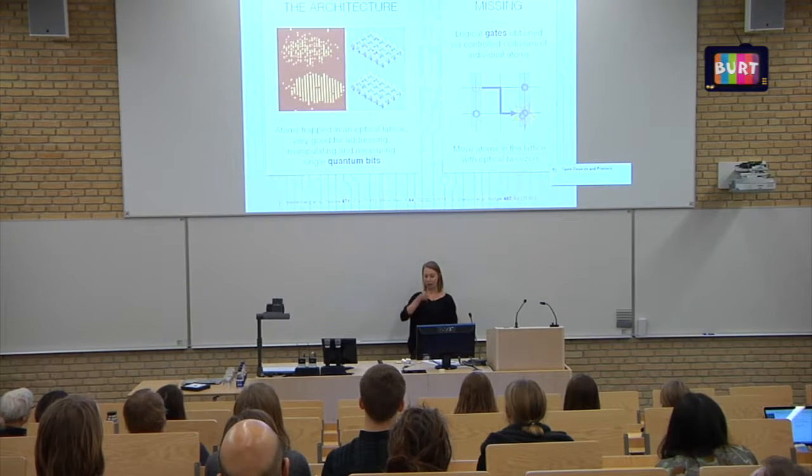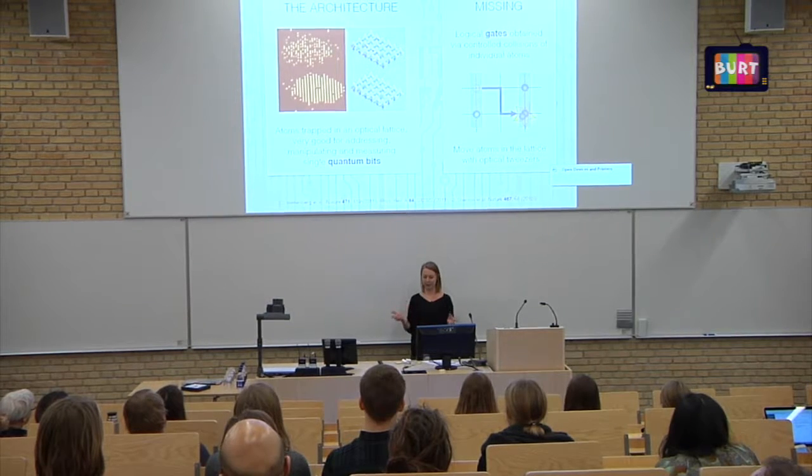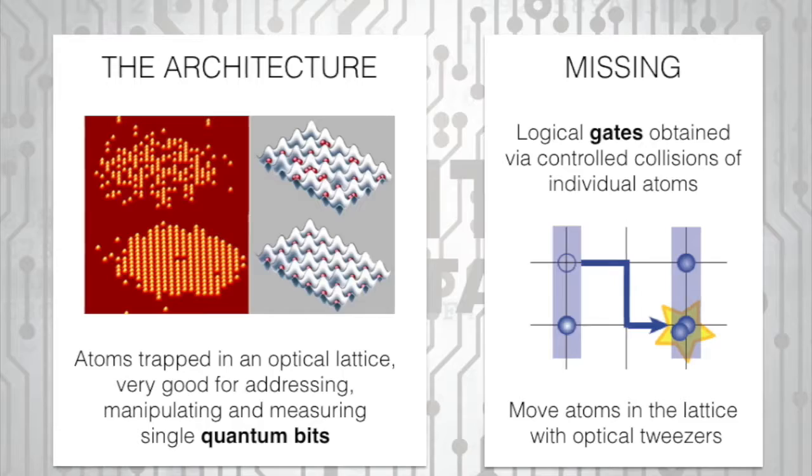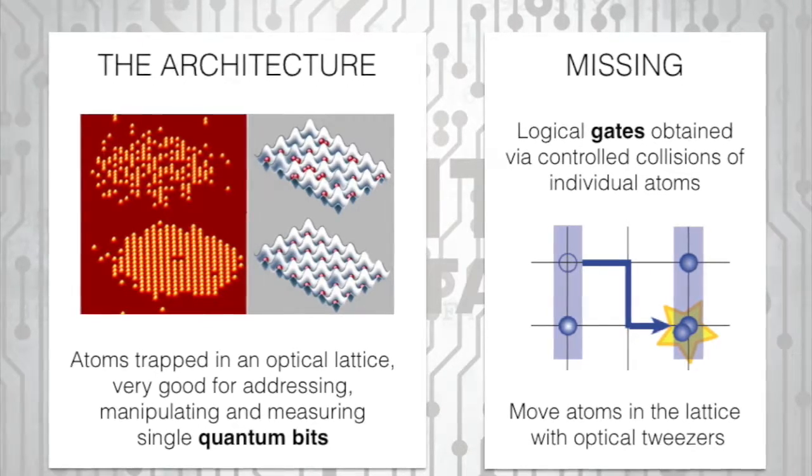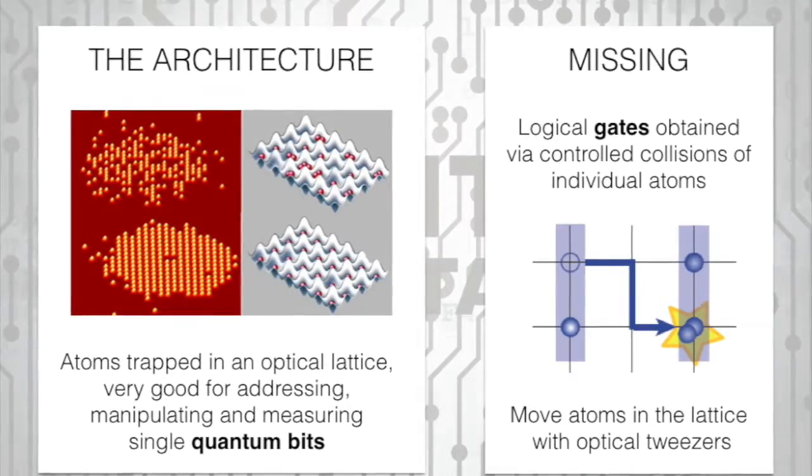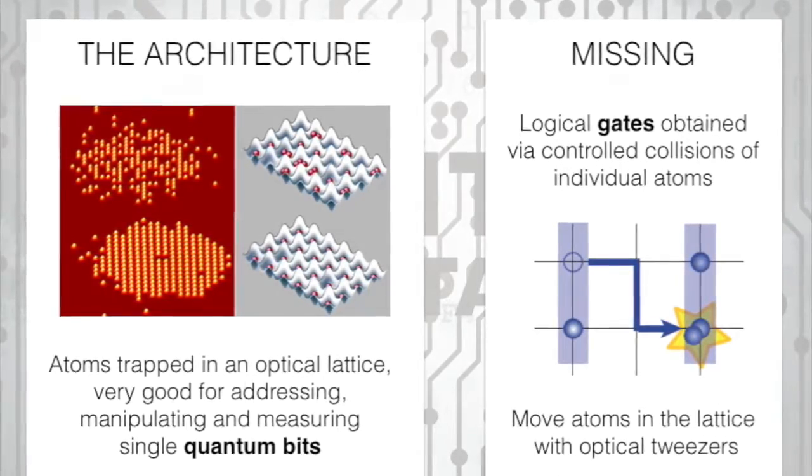I say we, I actually don't, I'm a theoretical physicist, but our experimentalists are setting up a lab where we can trap atoms. So we have an architecture for a quantum computer where one quantum bit is encoded into a single atom. And there's a way of trapping single atoms into essentially an egg tray that's made of light.